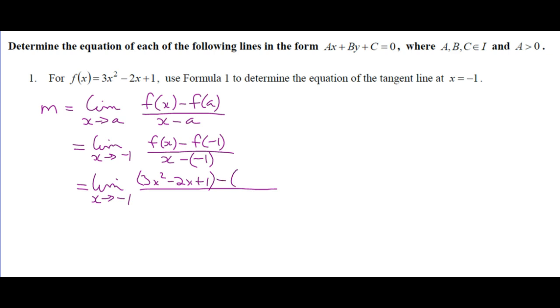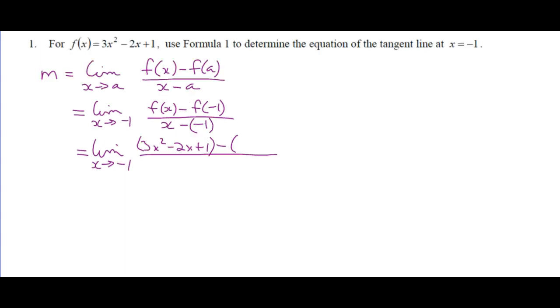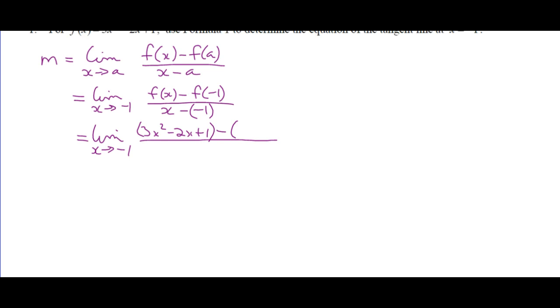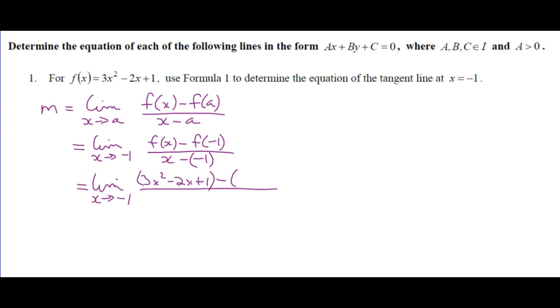So I definitely want brackets around these, or parentheses. I shouldn't drag the definition off. So f of -1 would be 3 times -1 quantity squared minus 2 times -1 plus 1. Okay, and let's throw brackets around that over x plus 1. Right, x minus -1 is x plus 1.